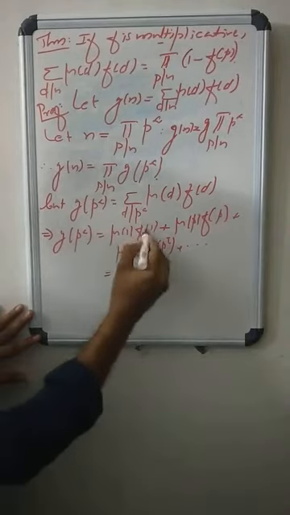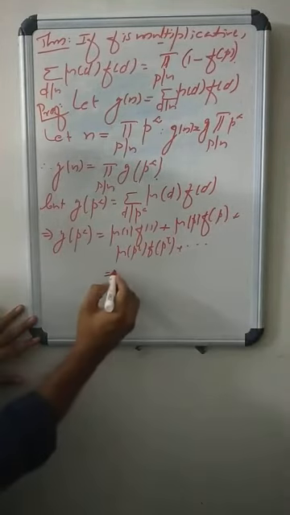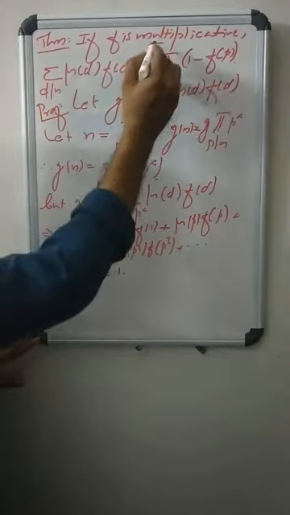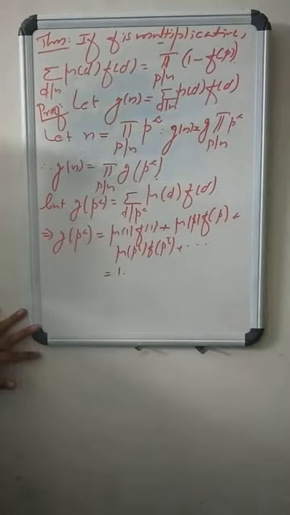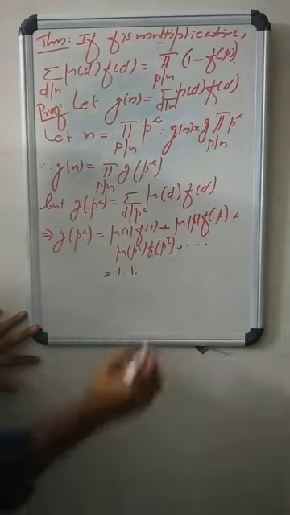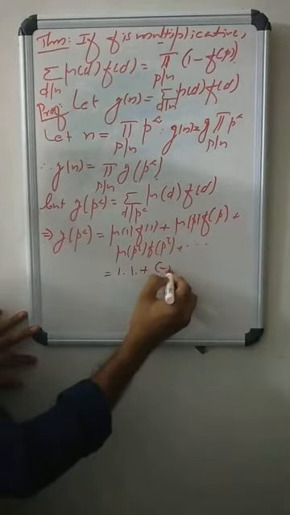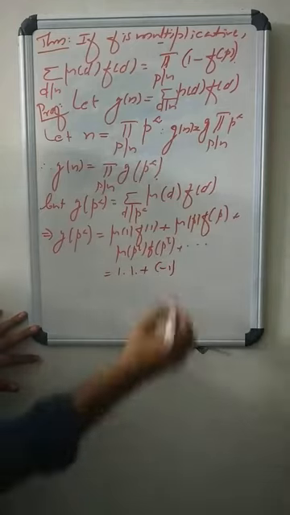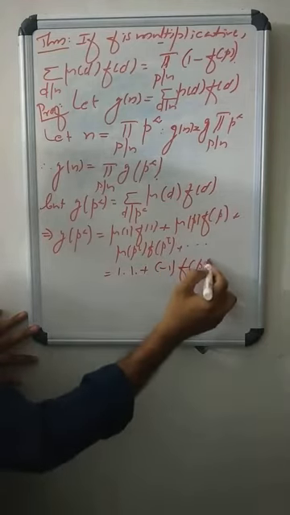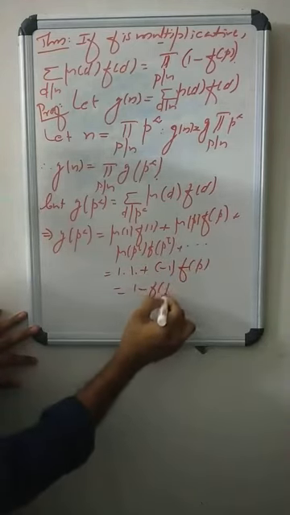So this is mu of 1 into f of 1. What is mu of 1? That is 1. What is f of 1? Since f is multiplicative, we know that f of 1 is 1. So it is 1 into 1, plus what is mu of p? Mu of p is minus 1. So minus 1 into f of p gives 1 minus f of p.